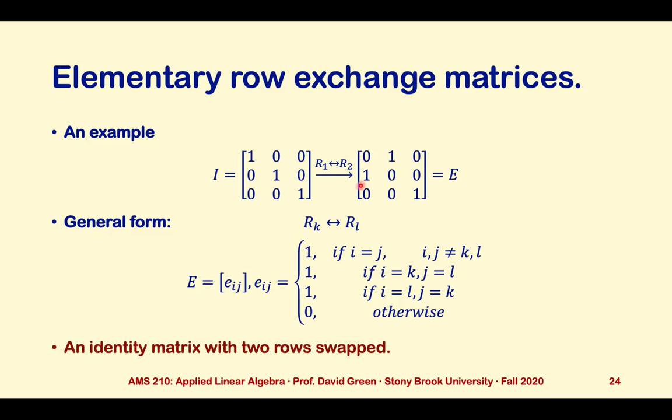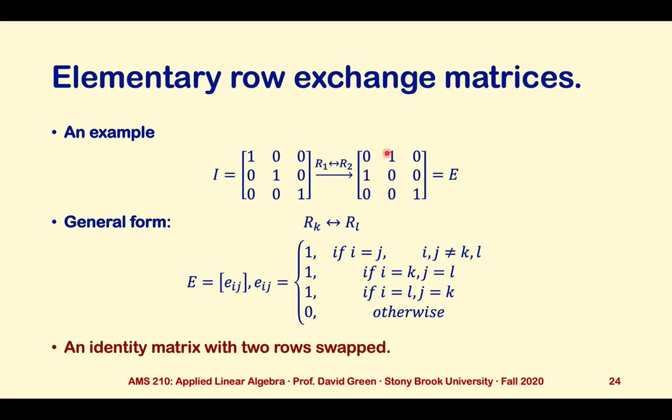How can we express that in general terms? Well, we might say we have some E, which is E_IJ, and along the diagonal, most of the entries are 1, with an exception of the 2 rows being swapped. So we don't have 1s at the positions we're swapping. Most of the other positions are 0s, but there are 2 exceptions.